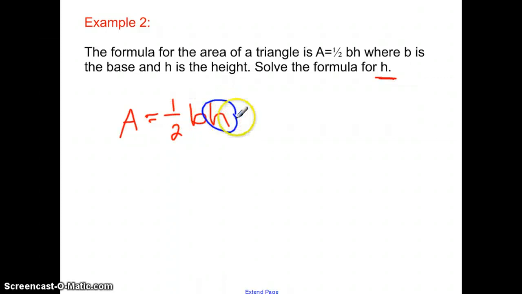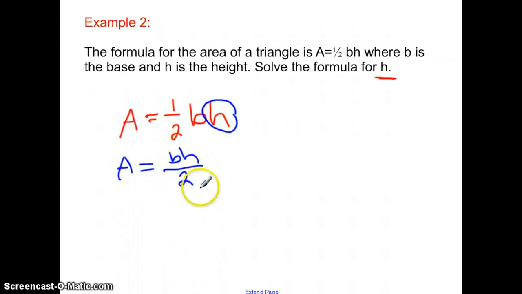So look what's done to it. Well, h is being multiplied by b, so at some point we're going to have to divide by b. And h is also being multiplied by 1/2, so we're going to have to undo that as well. You can also think of this as b times h divided by 2. Multiplying by 1/2 and dividing by 2 is the same thing.